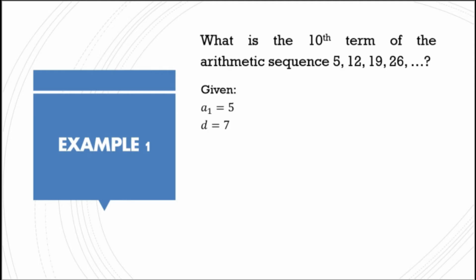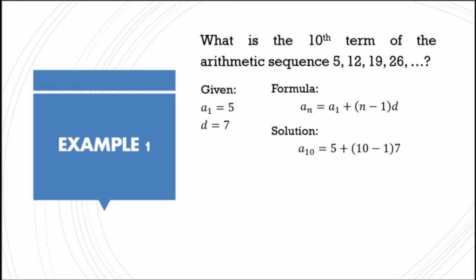For us to get the value of the 10th term, we use the general formula of an arithmetic sequence, which is a sub n equals a sub 1 plus the quantity n minus 1 multiplied by d. Then we substitute the given into the formula. We now have a sub 10 equals 5 plus the value of n, which is 10 minus 1, multiplied by the value of d, which is 7. 10 minus 1 is equal to 9.